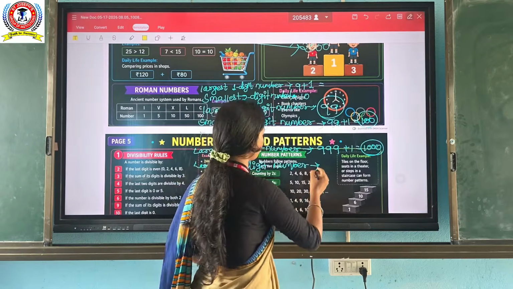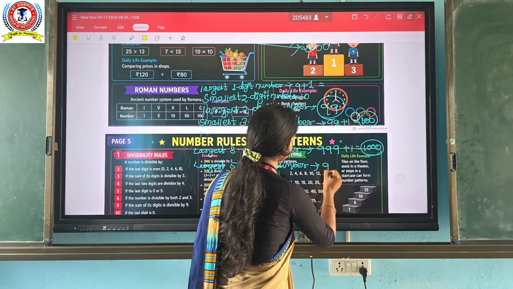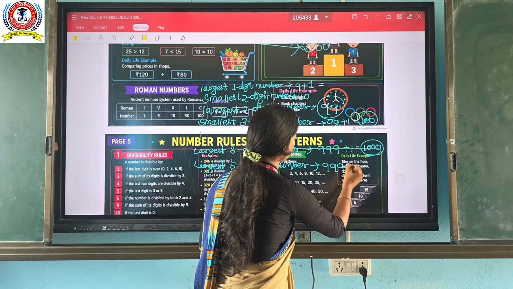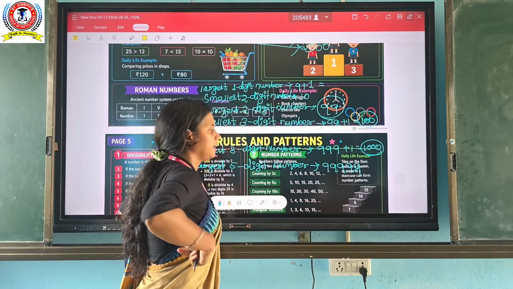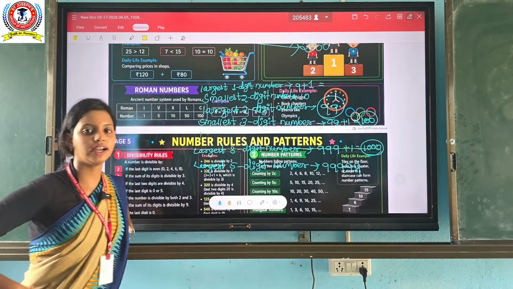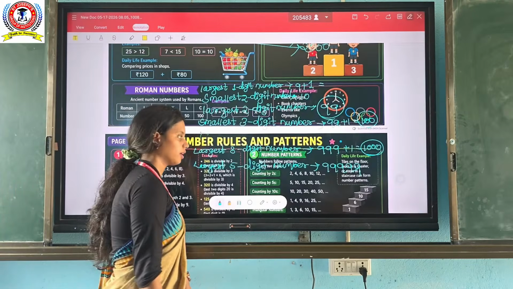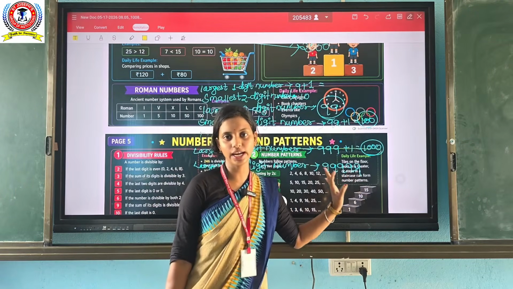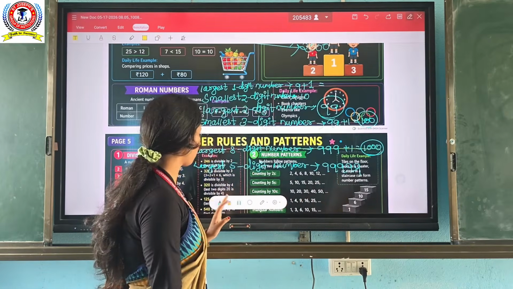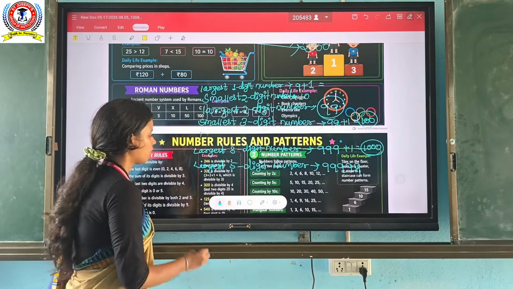Largest 5 digit number is 99,999. Okay, so if I add 1 to this number, we will get the smallest 6 digit number.